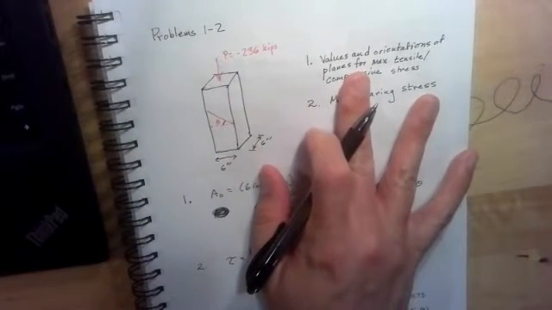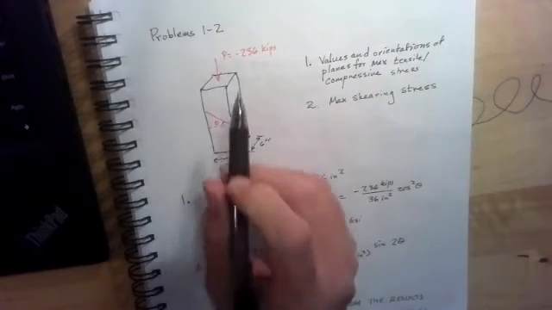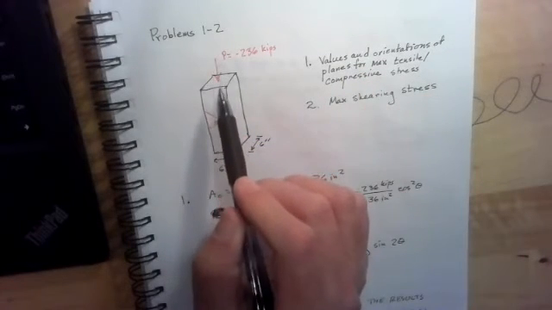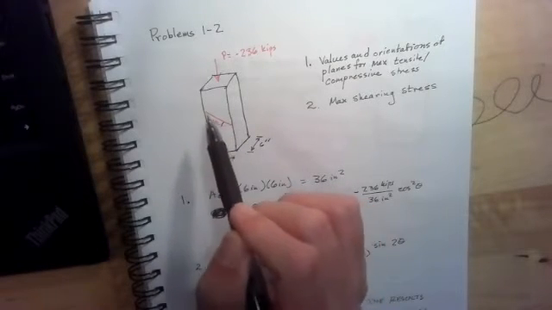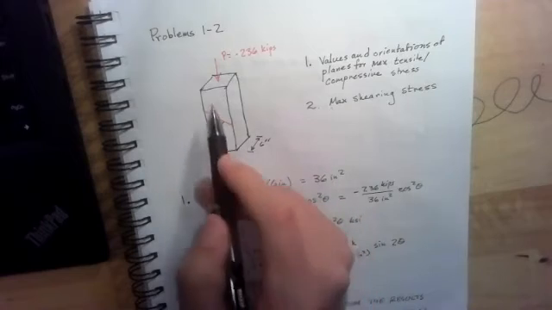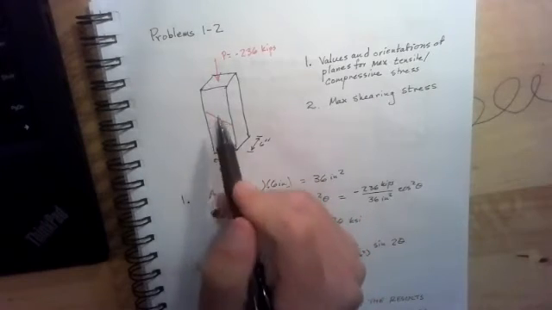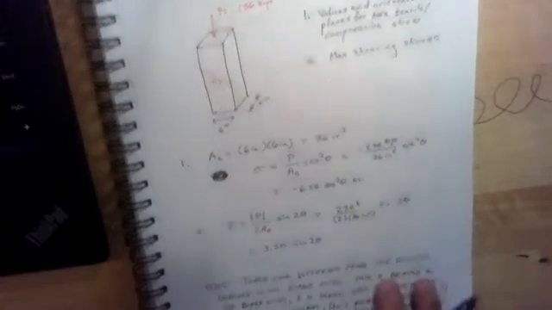The important thing in all of this is to understand that you have to resolve this force into its components and figure out the area of the oblique plane that the stress is being calculated on.